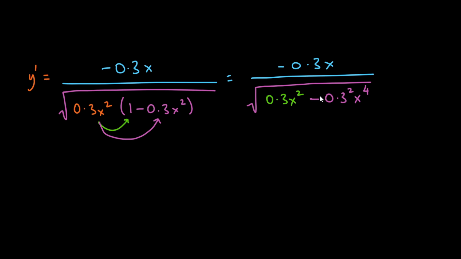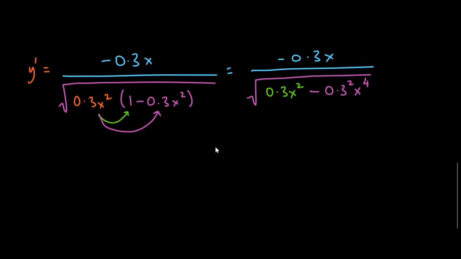Now, how do we do that? Because the opposite of a square root is to square the term. So I'm just going to square 0.3x and then square root it.